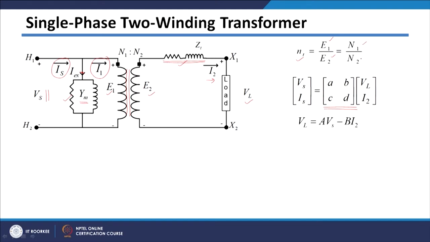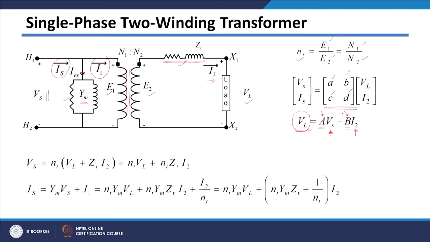So, again it will be N1 by N2 here, and we are interested in calculating these 4 parameters, small a, b, c, d, and then there are 2 more parameters I am interested in, that is capital A and capital B, because many times the source voltage is known and we are interested in calculating the load voltages. In that case the load voltage needs to be written in terms of source voltage and load current, so this capital A parameter and capital B parameter will be useful. So, we will try to derive the capital A and capital B also.